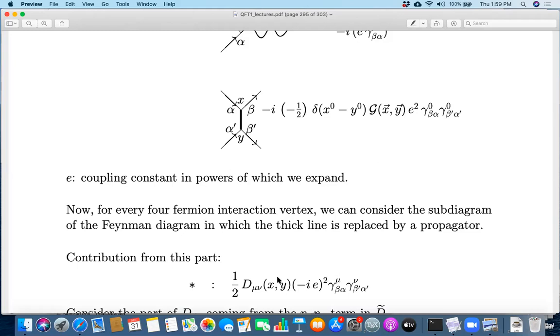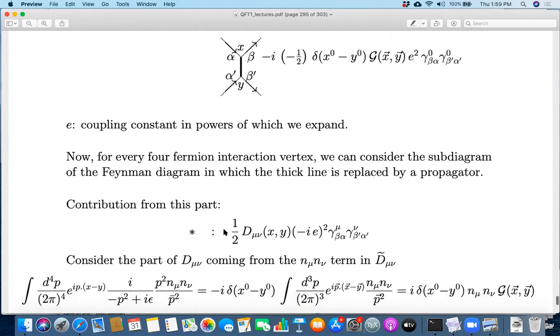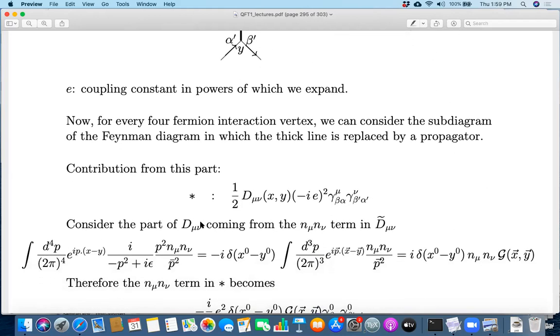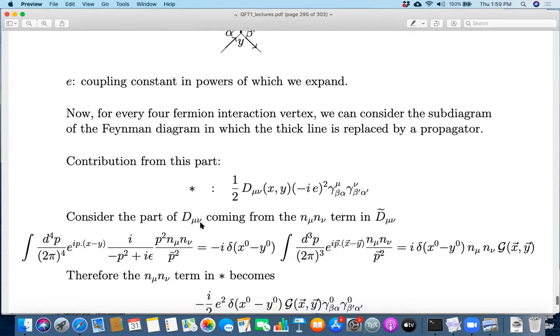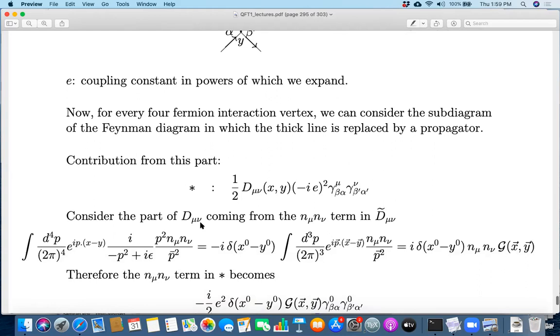But since the contribution of this term cancels with the contribution of the star, not the whole of the star, but part of the star, it means that this propagator also contains a non-local part, right? Indeed, yes. And that's why the cancellation holds. Exactly. So the n mu n nu part is actually a non-local term.